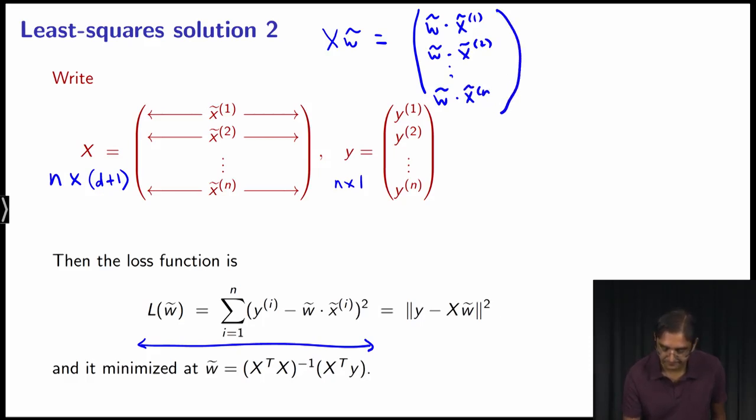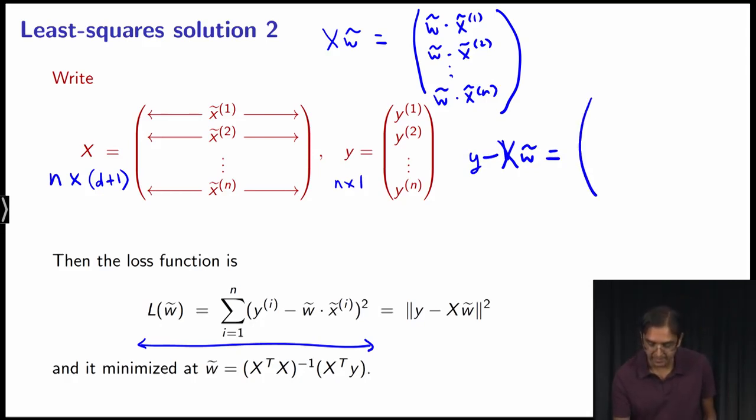And likewise, if we look at y minus X W twiddle, what does that work out to? It's simply the vector of errors. It's the error on the first point, y1 minus W twiddle dot x1, all the way to the error on the last point, yn minus W twiddle dot xn.